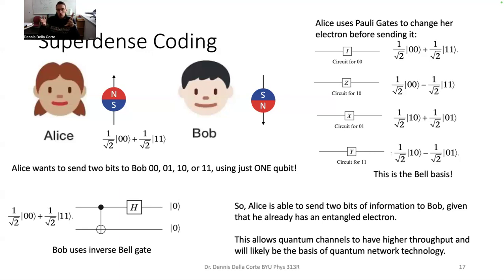And so people consider this the basis of quantum network technology. I'm still trying to wrap my mind around it. But in a sense, superdense coding in my mind means right now I can send 2 bits at the cost of 1 qubit if everyone already has entangled qubits.